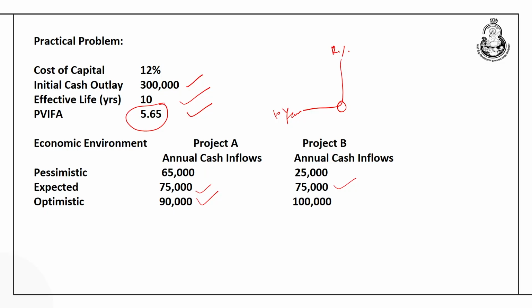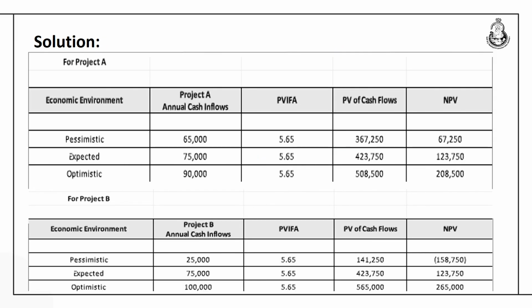Let us find out what the NPV is in the different scenarios for projects A and B. If we multiply the annual cash inflow with the present value interest factor, we see that the PV of cash inflow is 3,67,250, whereas NPV is 67,250.